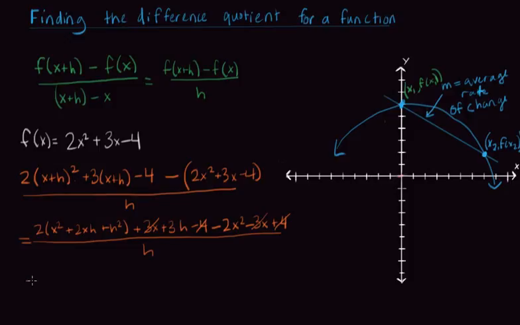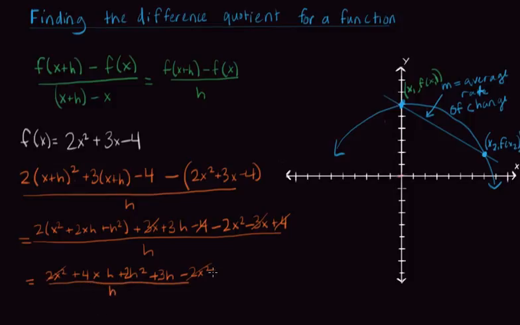So we have 2x squared plus 4xh plus 2h squared plus 3h minus 2x squared. Okay, so it looks like we can get rid of a 2x squared. Oops, this is all over h.